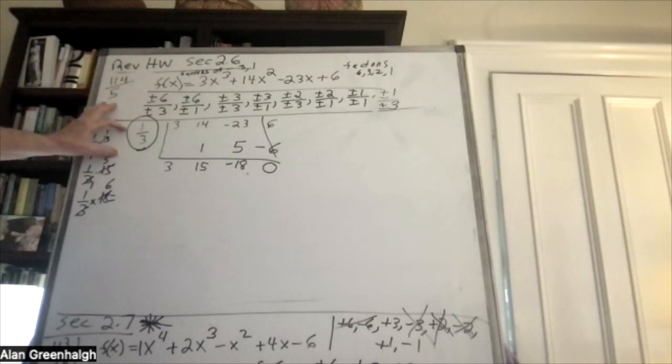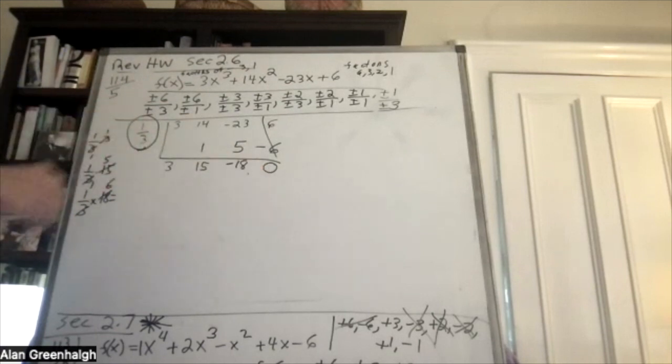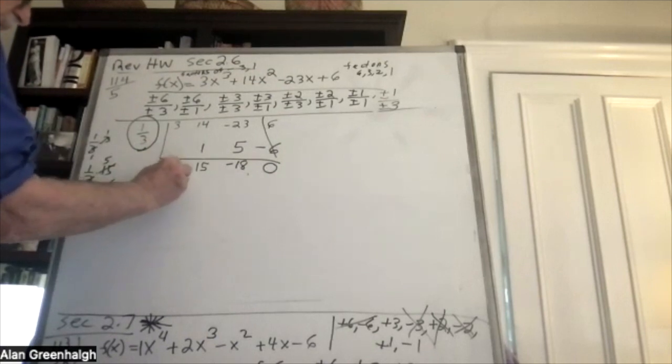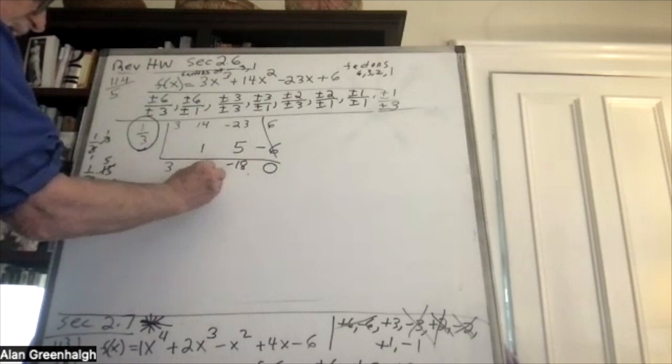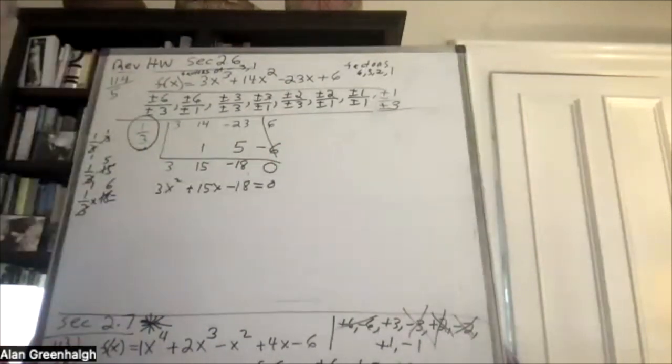This was proving something they told us would be true anyway, so it did work out. Very nice of them. Now, what are we left with? 3x squared plus 15x minus 18 equals 0. Now, if you turn the page, they tell you to find the rest of the zeros.